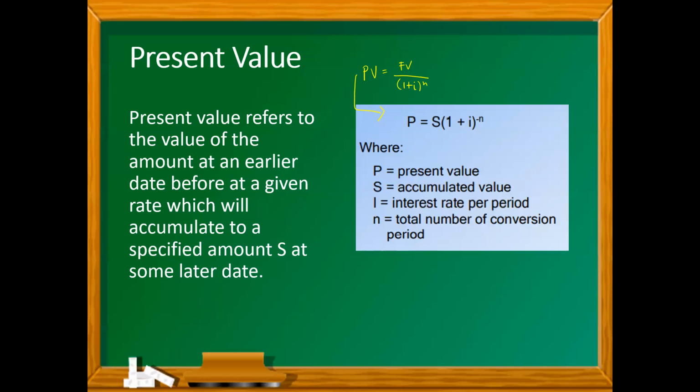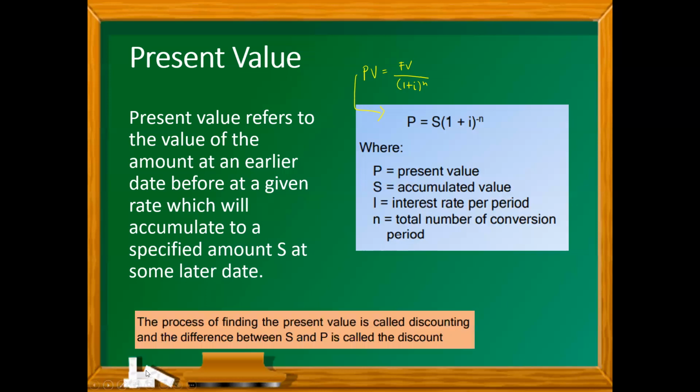Investors use these calculations to compare the value of assets with very different time horizons. The process of finding the present value is called discounting, and the difference between S and P is called the discount. In the next slide, I'm going to provide example problems on present value, and we will solve each problem using the formula that I have presented.